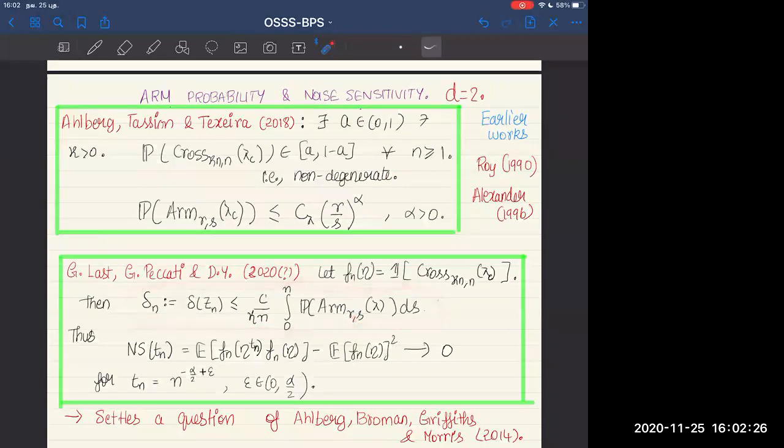And now plug in the R by S to the alpha. Let me fix one more small typo.